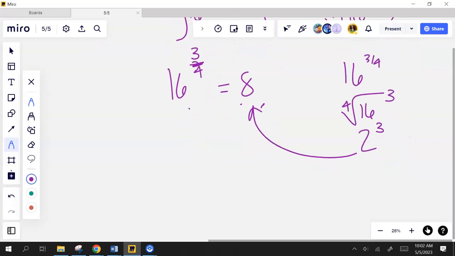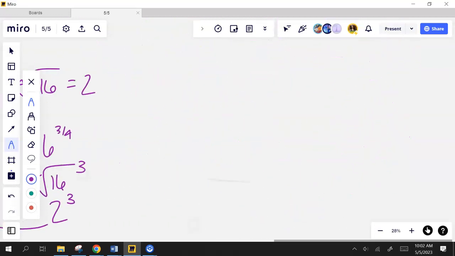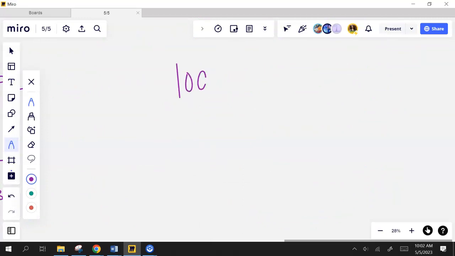Okay, come back to this one, hold on just a second. What if I asked you what that one equals? 16 to the what power gives you 4? 1/2.